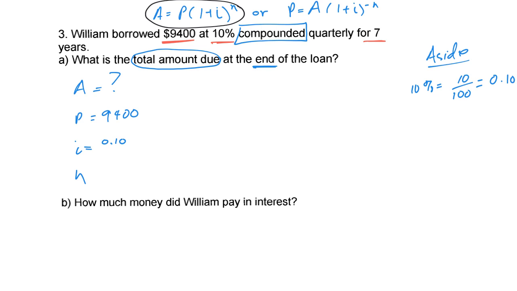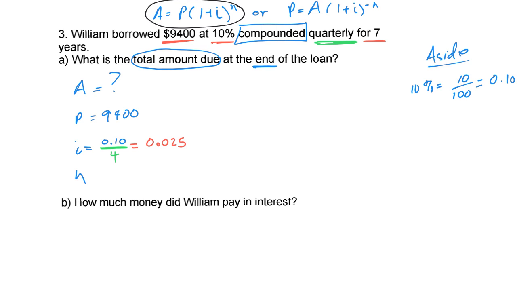Now, the next thing you've got to remember is that it's compounded quarterly. When you compound something quarterly, we must divide our percentage by 4, and our final number for I is going to be 0.025.